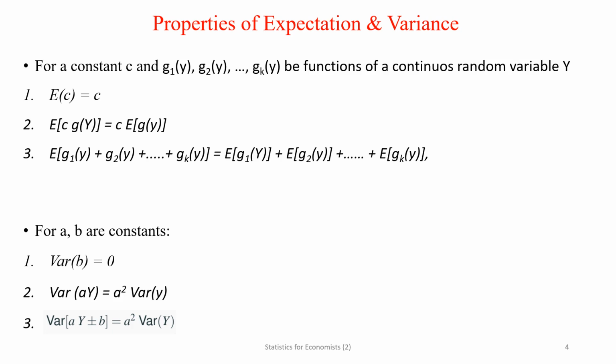The variance of aY is a squared variance of Y. But when I ask you to find the variance of aY plus or minus b, it will be the variance of aY plus the variance of b. The variance of b itself is 0. And what about the variance of aY? It's a squared variance of Y.